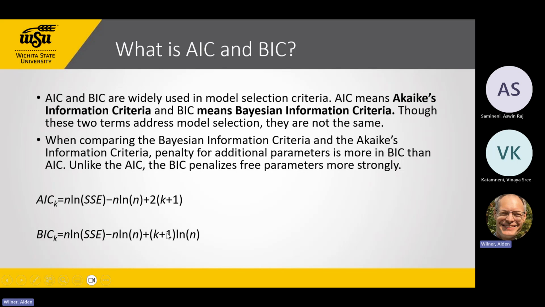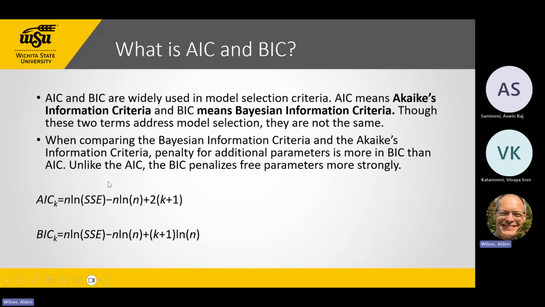Over here, we're adding another penalization term, where the Bayes information criterion is the number of features times the natural log of the number of observations.